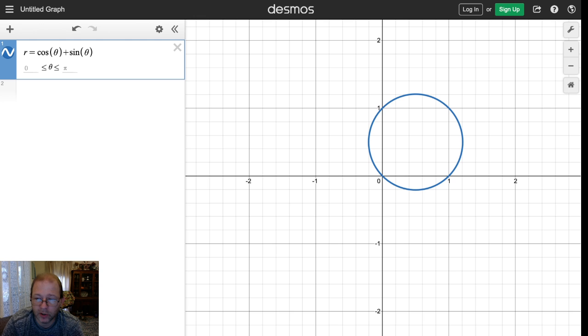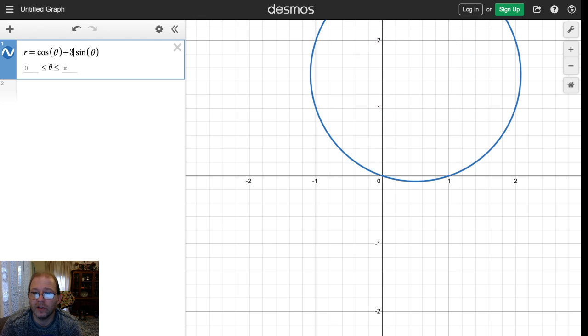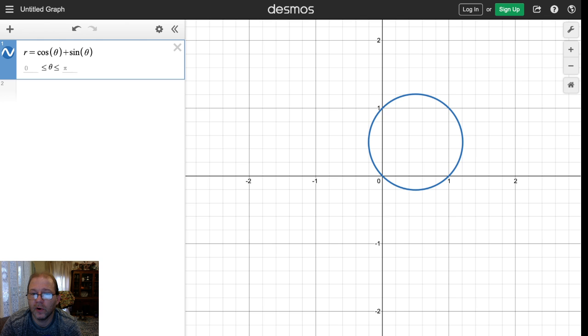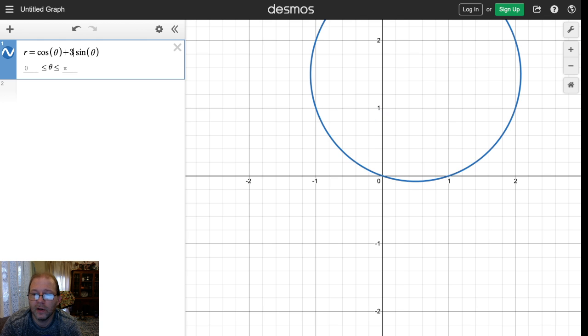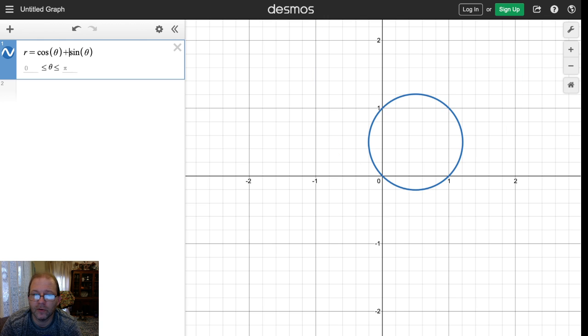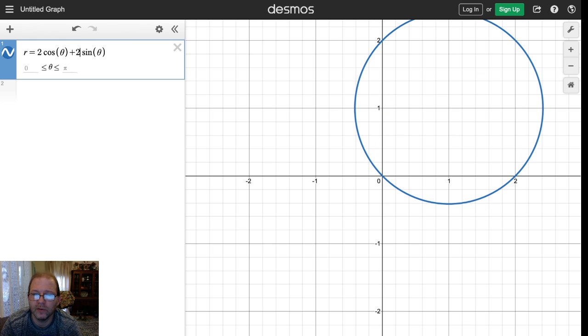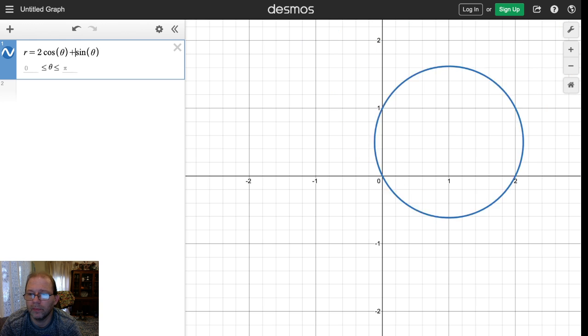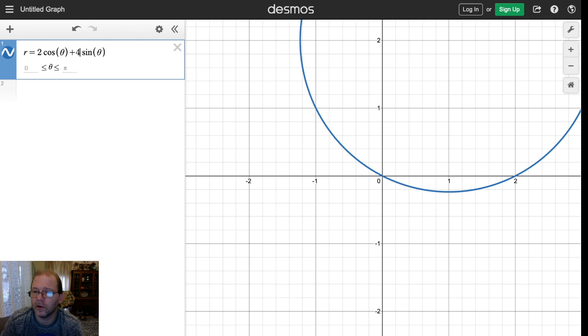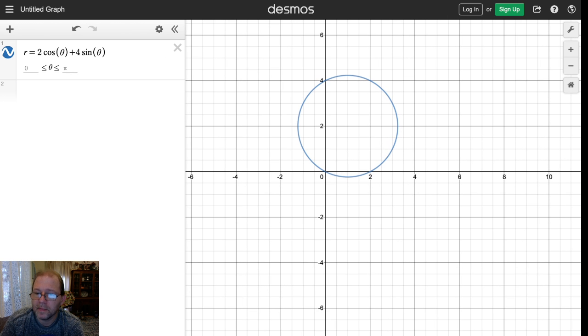If you start putting in coefficients, like 2, 3, 4, it'll make the circle larger. What if I put a different coefficient on both of these? Can't really tell what's going on there. Oh wait, yeah, I can.